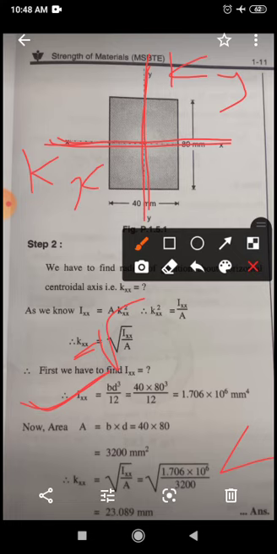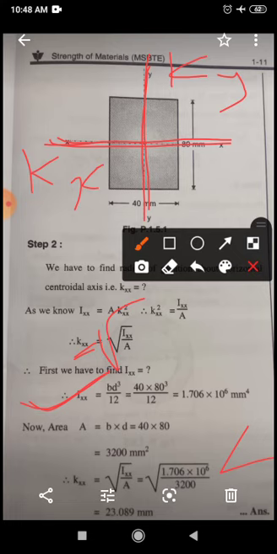Now if they ask to calculate the moment of inertia or radius of gyration about the y-axis, then we have to calculate the moment of inertia about the y-axis, divide it by the area, and taking its root we get the radius of gyration about the y-axis. Therefore always look at the problem clearly, at what they have asked to calculate.